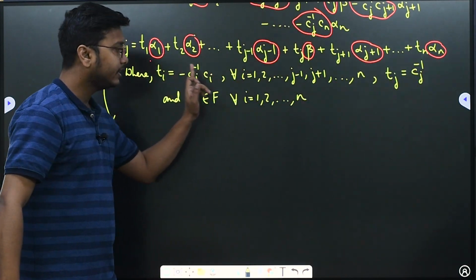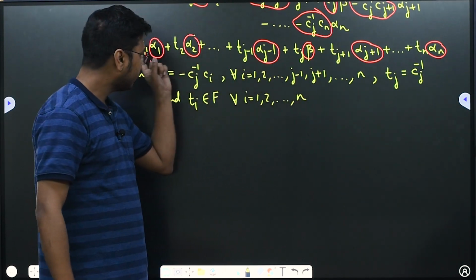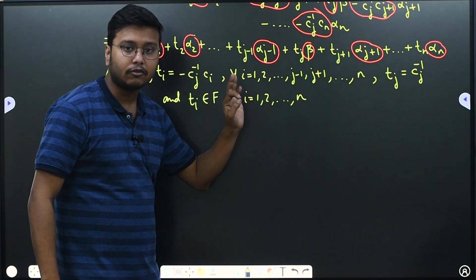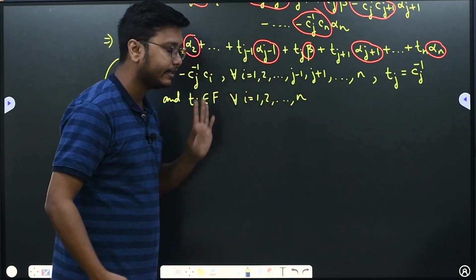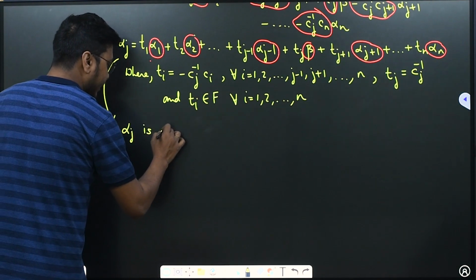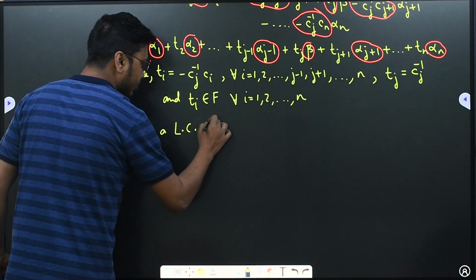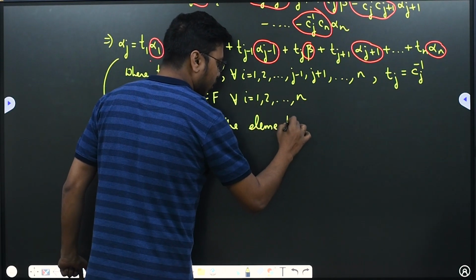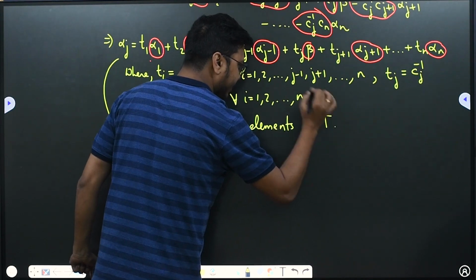So alpha j is a linear combination of the elements of these vectors that I have circled, and these are the vectors of the T set, capital T set, right? So I can say that alpha j is a linear combination of the elements of the capital T set.